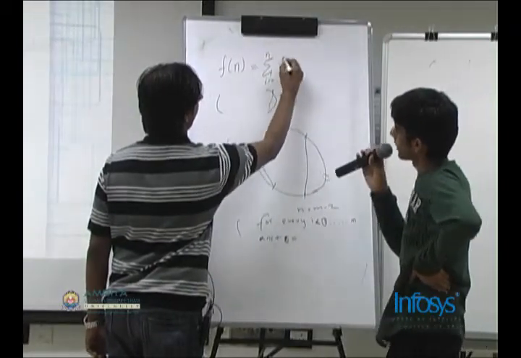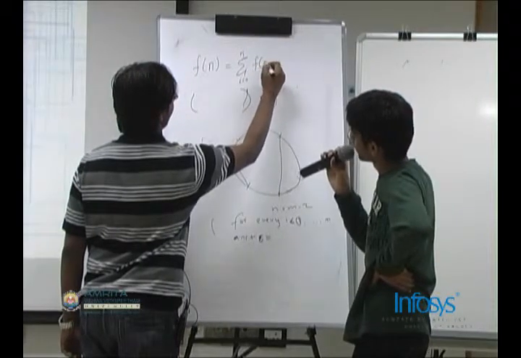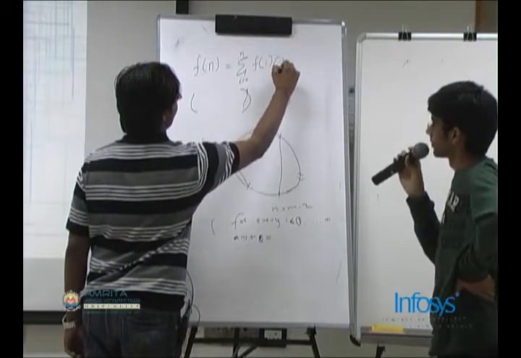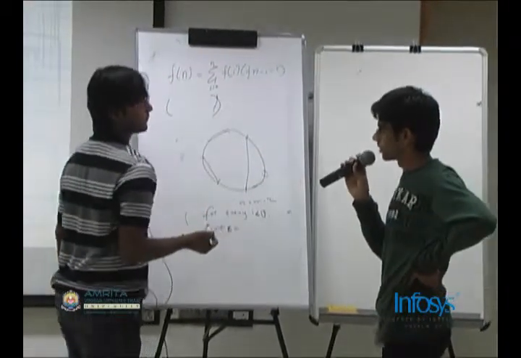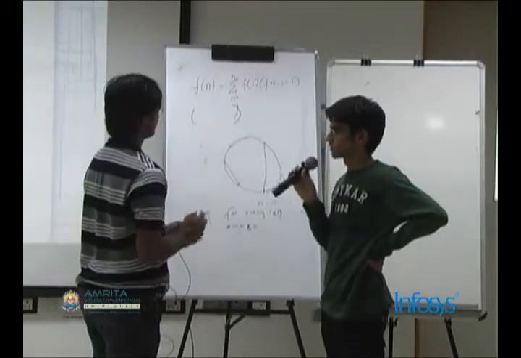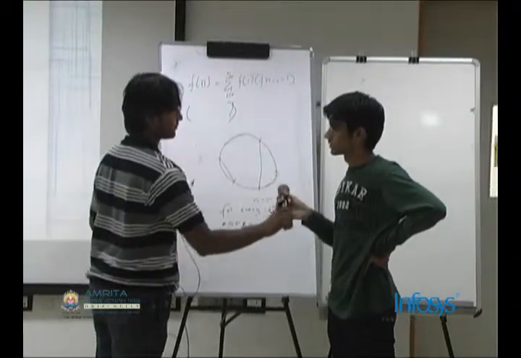Summation of f of i into f of n minus i, where m is n minus 2. If i equal to 0 or 2, then it's 1. Write this recurrence. Yeah, correct.